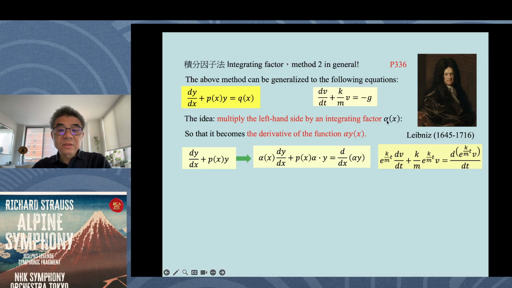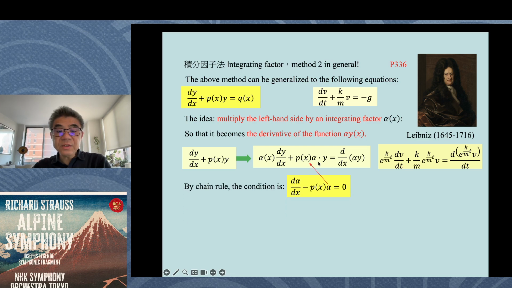Now, I multiply both sides by alpha x, and we expect the left-hand side to become the derivative of a function. This function is alpha y. Therefore, we multiply the left-hand side by alpha. It will become something like this. And we expect it to be equal to the derivative of alpha y.